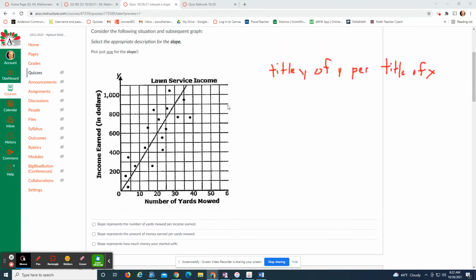So if we look at the first one, it's going to be title of the Y per title of the X, which was the middle one.